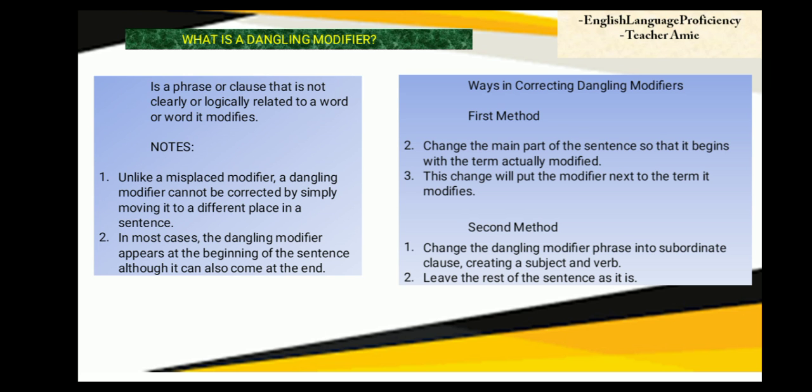So sometimes a modifier is missing, a subject is missing, a verb is missing, or some parts of the sentences are actually not supplied. So, in our misplaced modifier, ililipat mo lang yung modifier. Dito sa dangling modifier, ang gagawin mo ngayon ay to supply what is missing in the sentence. Kung nawawala yung minomodify, you supply it with correct or appropriate words.